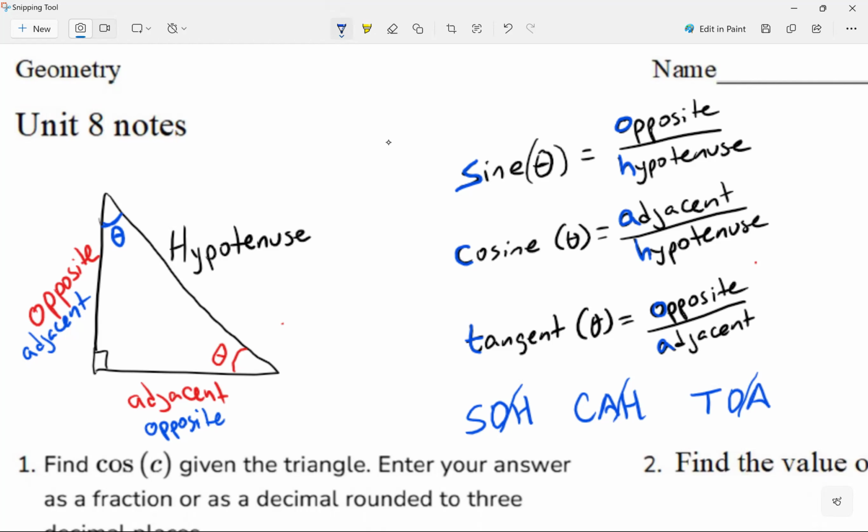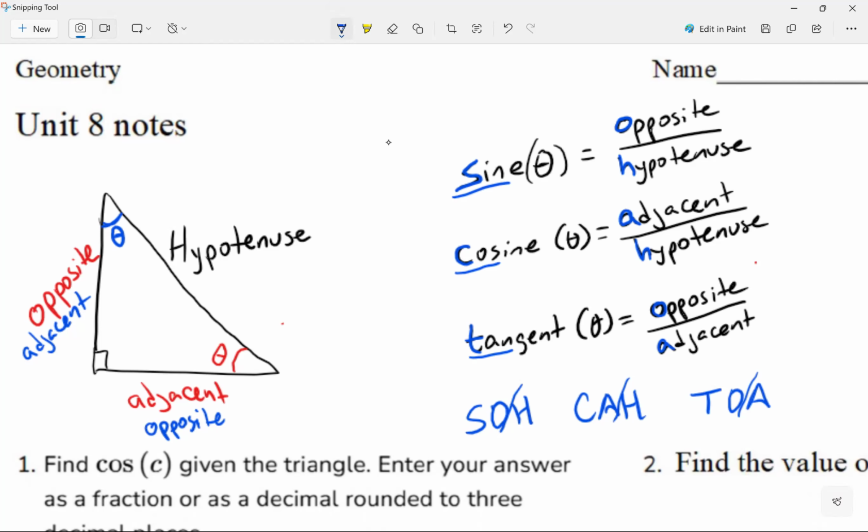For sine, we're going to use S-I-N. We're not going to read it as sin. It's still sine. It's just abbreviated to the first three letters. Cosine, I'm only going to write C-O-S, but I'm still going to read it as cosine. And tangent, I'm going to abbreviate it to T-A-N, but I'm still going to read it as tangent.